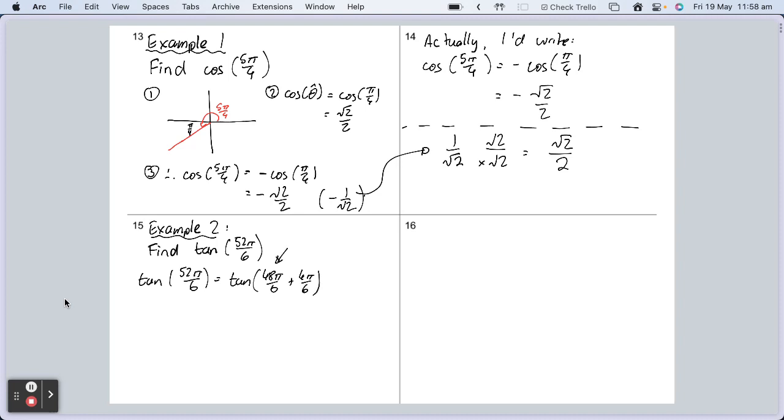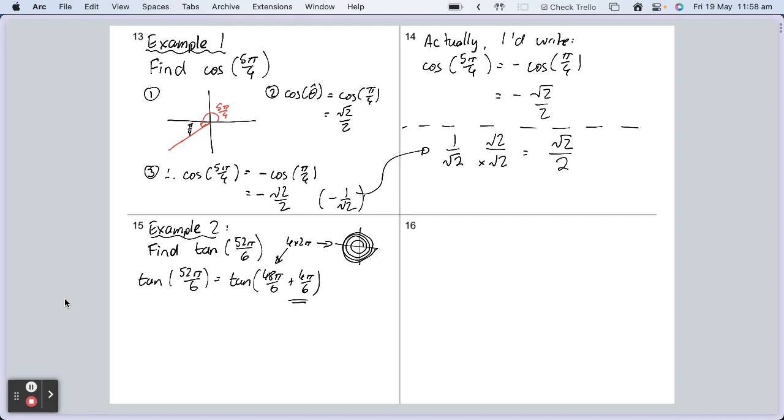That 48 pi on 6 is 4 lots of 2 pi, effectively, which means I'm going 1, 2, 3, 4, back to 0 again.